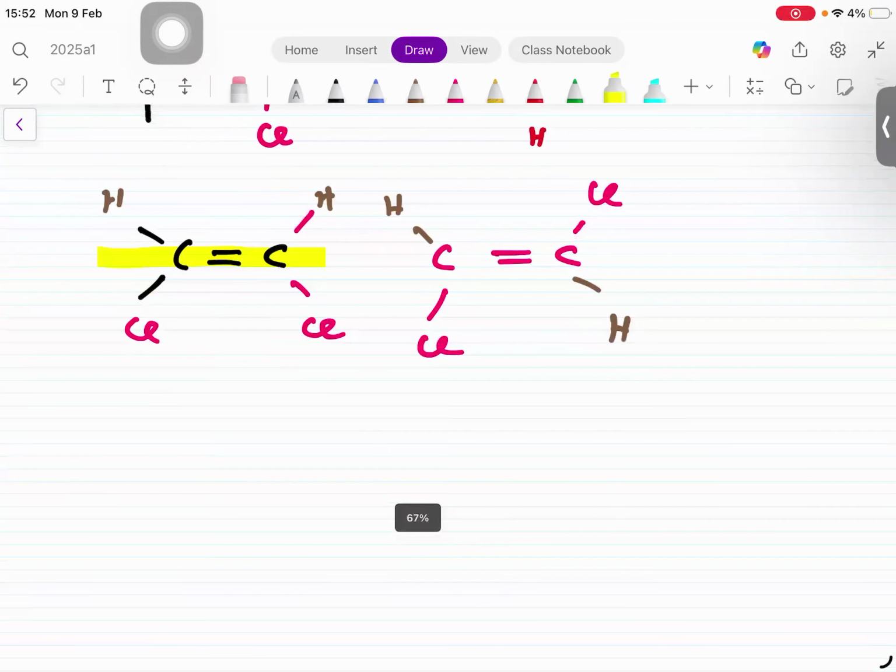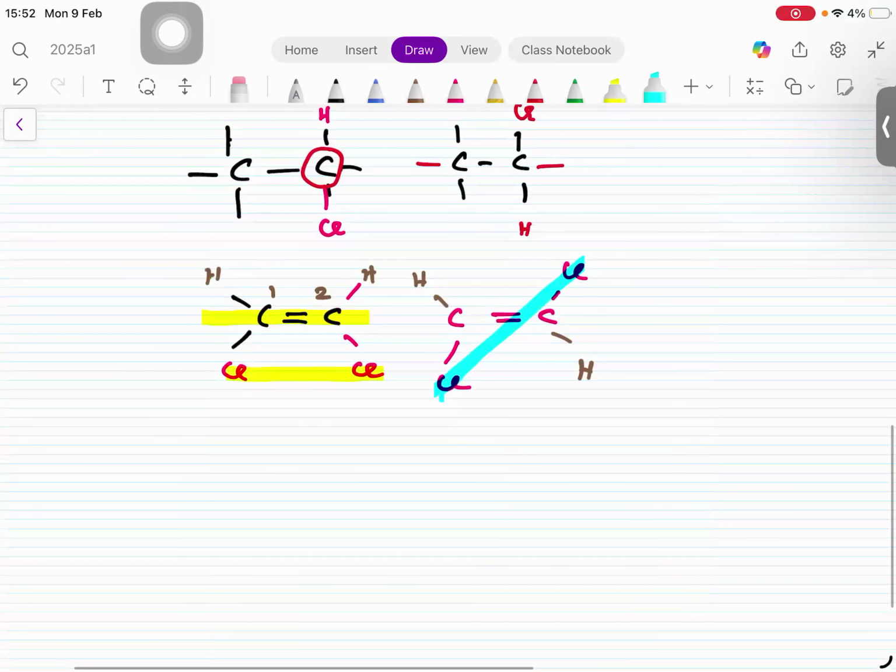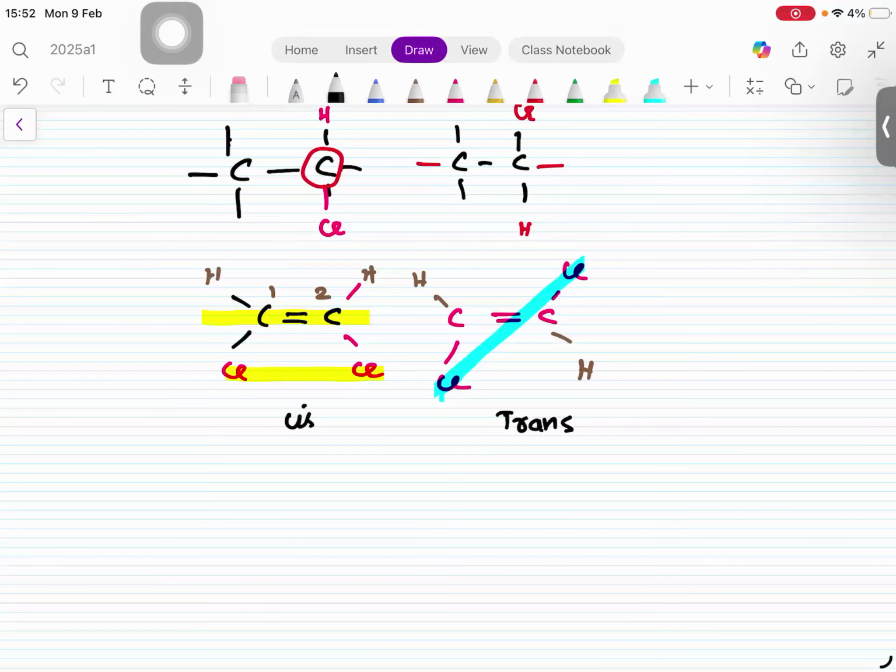So as long as the first and second carbon have the chlorine on the same side of the double bond, they are known as cis isomer. And when they are on the opposite side of the double bond, this is known as the trans isomer. This is cis and this is what? Trans isomer. Okay, so one is cis and one is trans. Cis means same and trans means opposite.